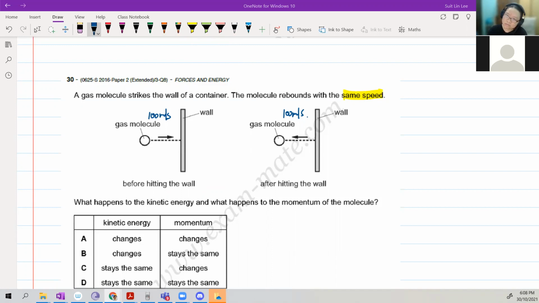They both stay the same? Both change? Okay. What about the others? What do you think?